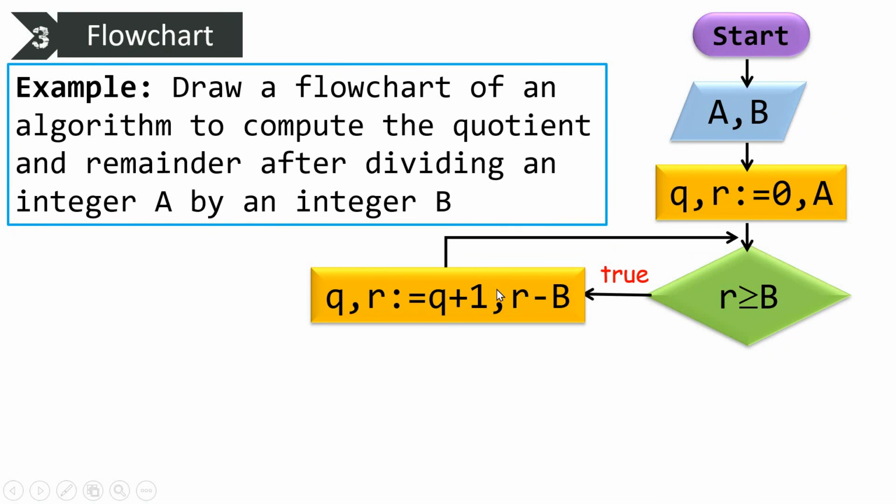So here we have an iteration, an iterative step where the condition is tested, and if it is true, the statement is executed, and this goes on repeatedly until the condition becomes false. And once the condition r greater than or equal to b becomes false, you have the other outgoing arrow, false.